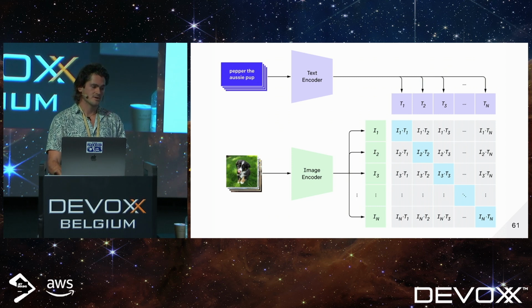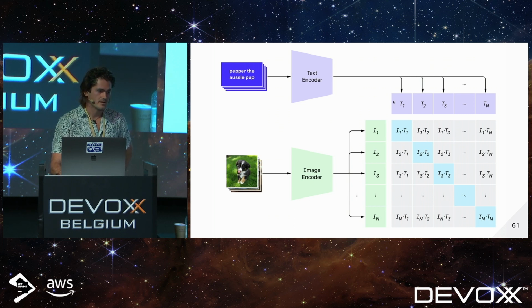The way that it was trained is you have, well, each of these is a transformer model, which all you have to know is a neural network that maps from either text to a latent representation or an image to a latent representation. You can see that here. So you have Pepper the Aussie pup, and here's a picture of Pepper the Aussie pup. You take these pairs, and you take a batch, so you can see it's stacked right here, right? And you get latent representations.